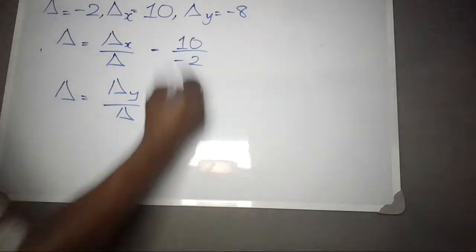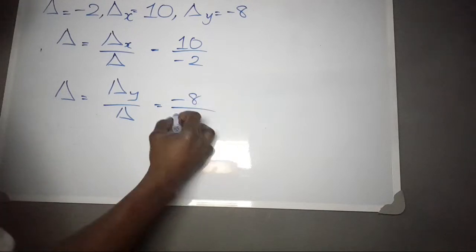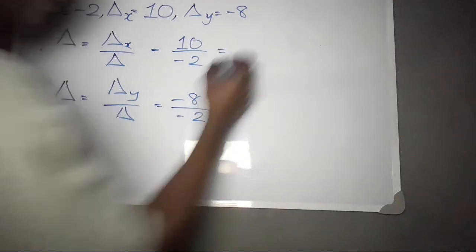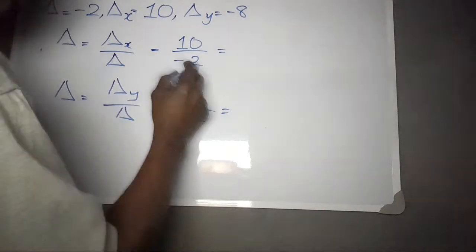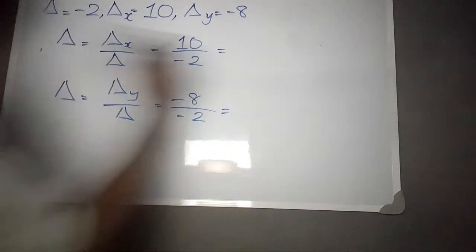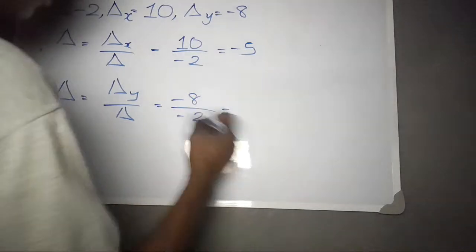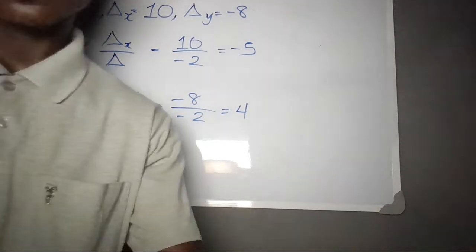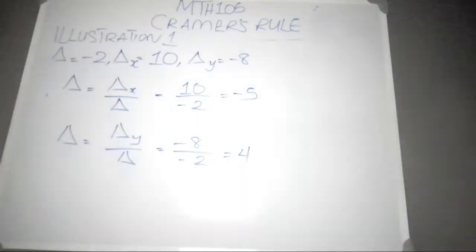Then we have minus 8 all over minus 2. So this divided by this gives us minus 5, and this should give us 4.